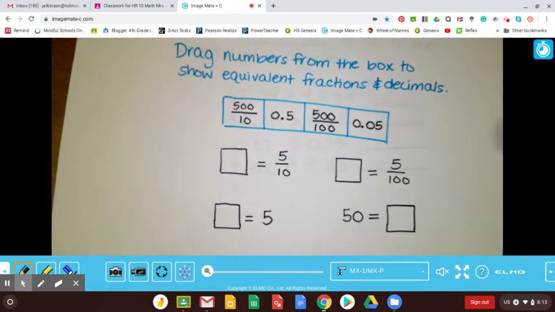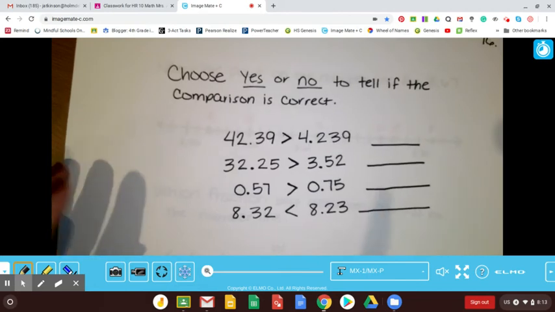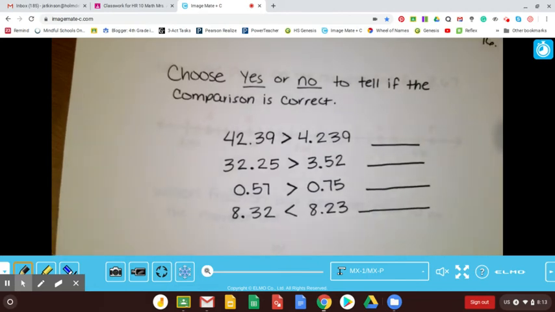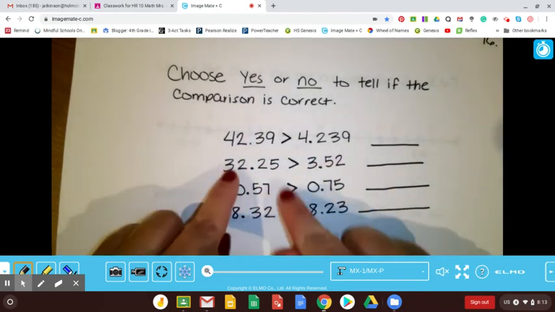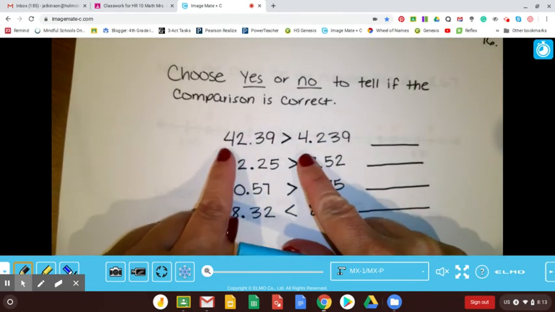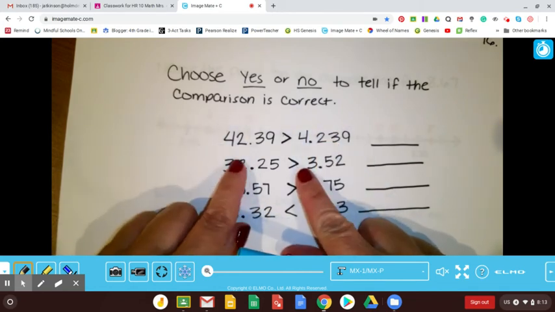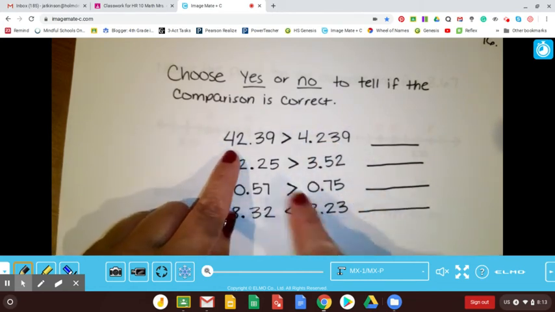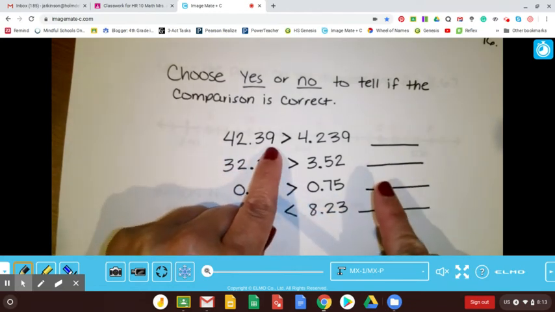All right, let's move on to our next problem. Choose yes or no to tell if the comparison is correct. So we're just simply doing some comparisons here with our decimals. We want to make sure we're comparing the same place values. So just take a look at this one. 42 and 39 hundredths.